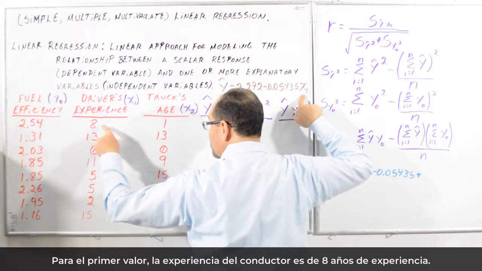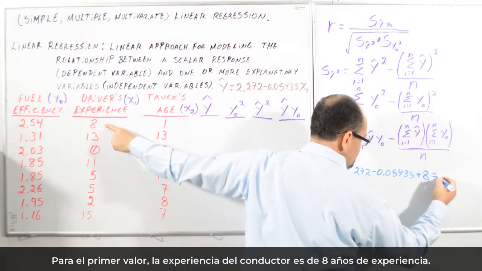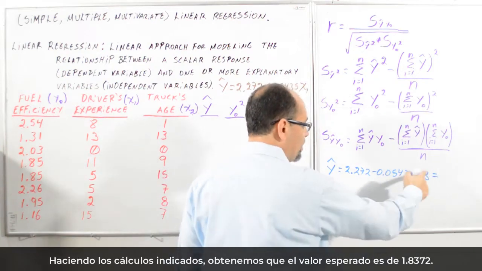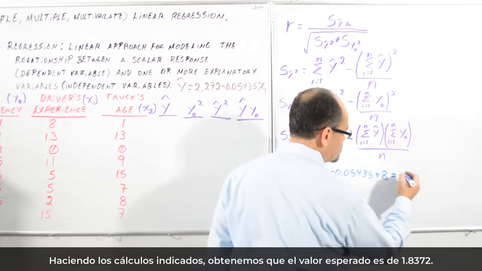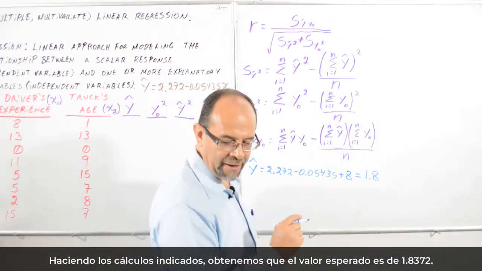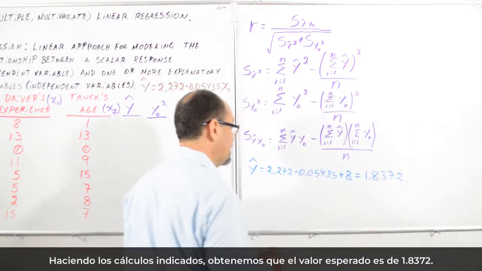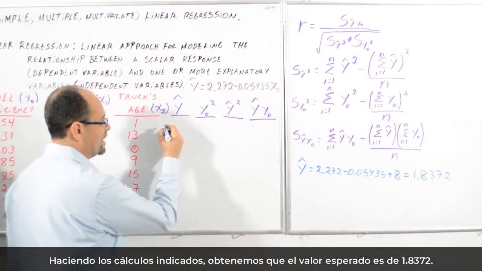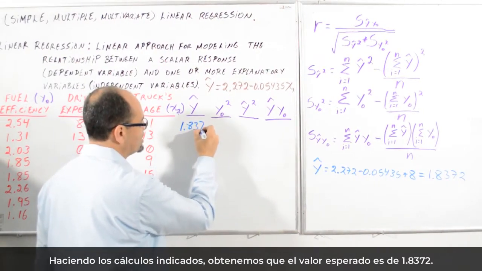For the first value, the experience of the driver is 8 years. Multiplying this, we obtain that the expected value is 1.8372. And that will be the first expected value, 1.837.